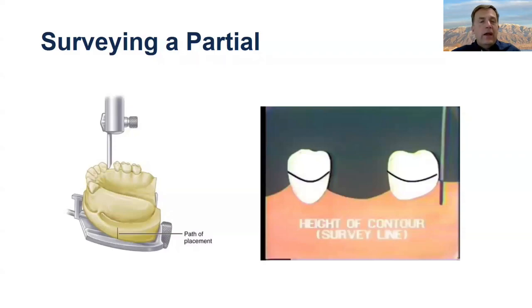If you don't like the survey, you don't have to redo the whole thing. Just turn it and click it again. So this is an area where it saves us a ton of time. And not only that, but then you don't have to make your refractory duplicate. So this is a step where digital is very helpful in terms of predictability and time usage.